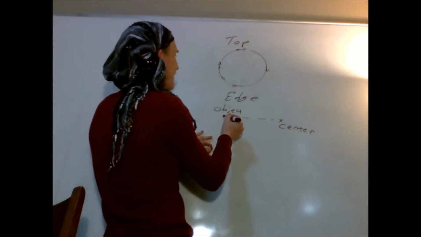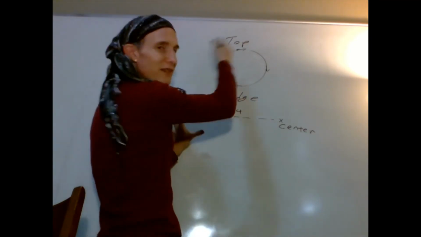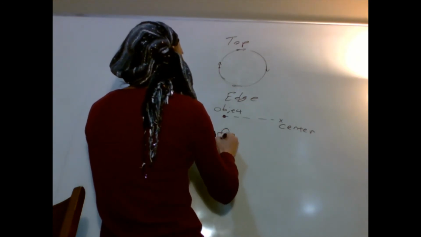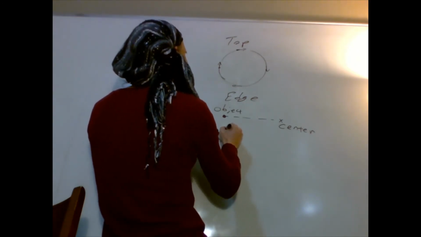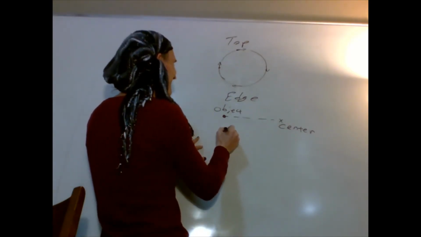So then suppose that this were a car that's driving in a circle. I can pretend to draw a car. All right.